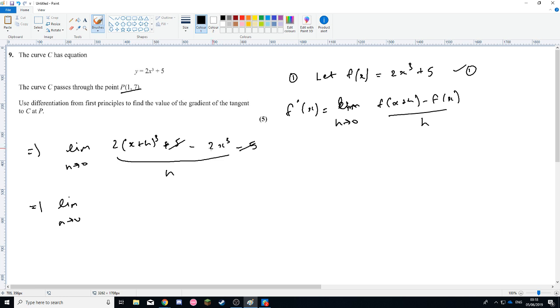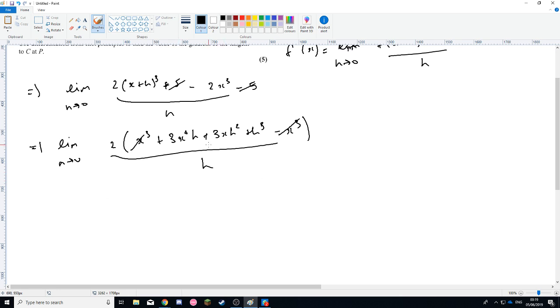I'm going to factor the 2 out. Now x plus h cubed minus x cubed. From the expansion of x plus h cubed, you get x cubed plus 3x squared h plus 3x h squared plus h cubed, minus x cubed. The x cubes cancel out, all over h.